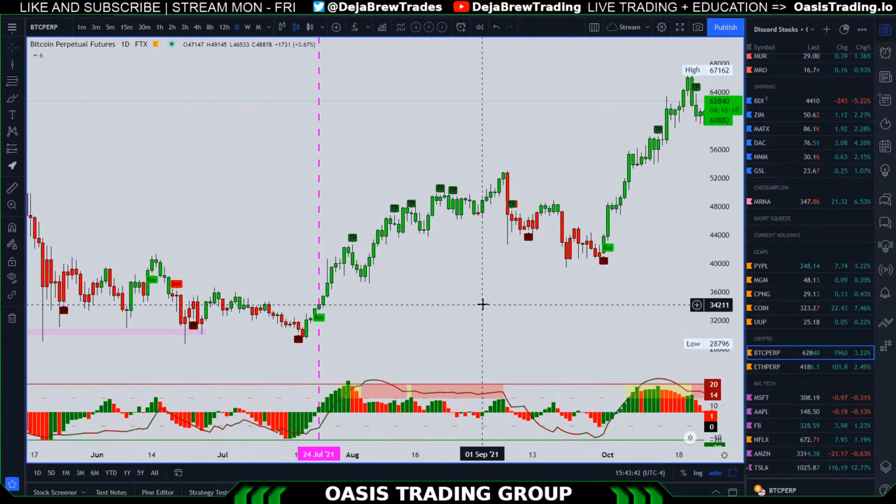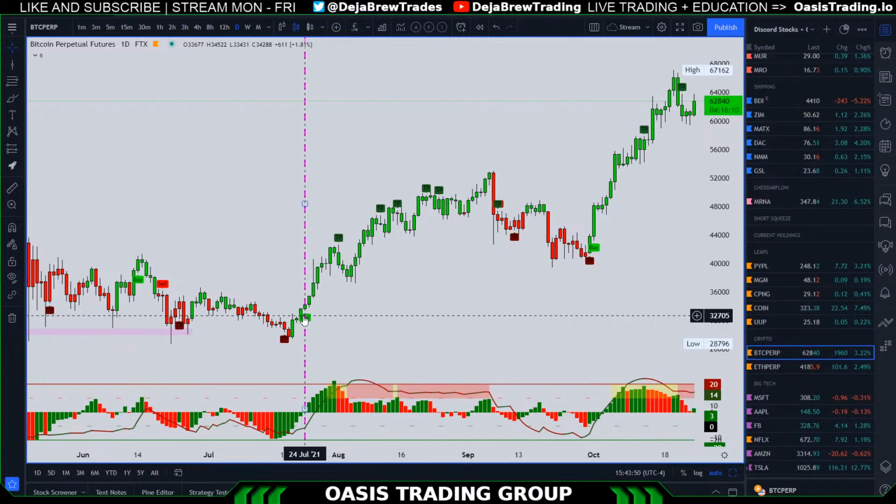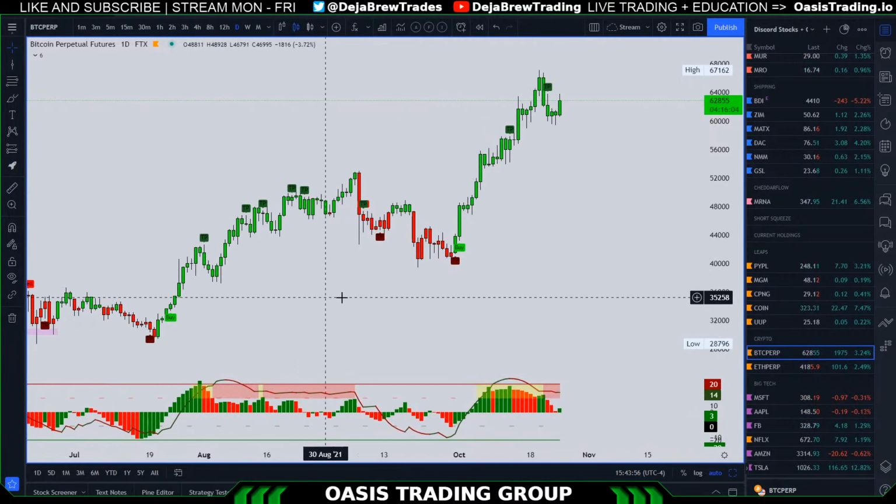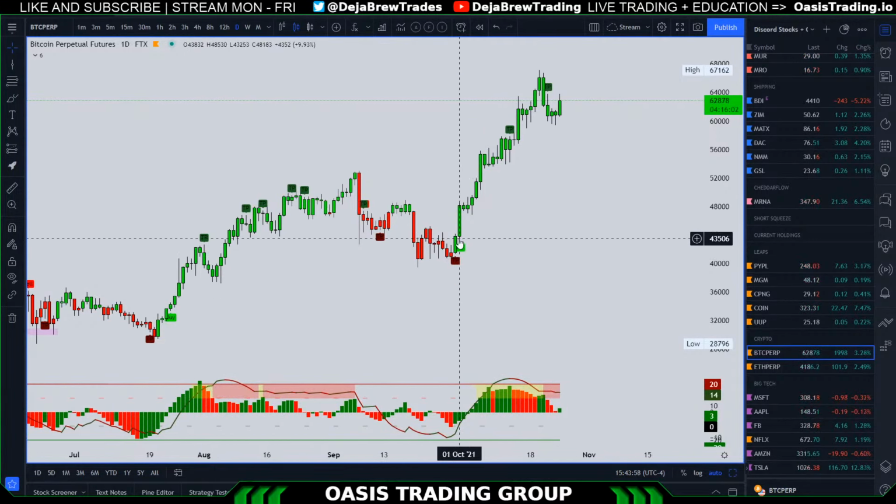Now, a lot of the times, the buy signals are going to be happening earlier than that. That is okay. So like right here, the buy signal is happening before the Momo gets to that 10. Same thing here. The buy signal is happening before you get to the 10.